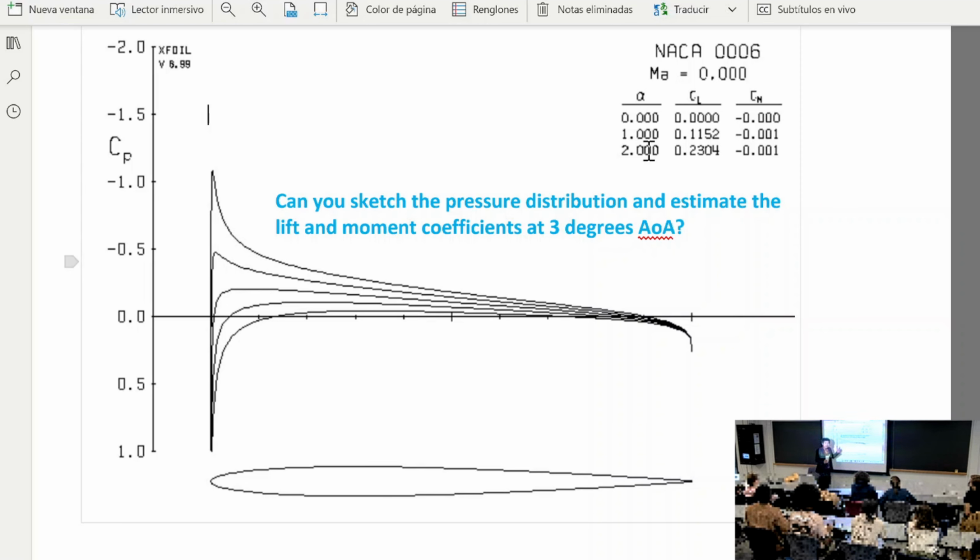So the first thing I think you should be able to see from this graph is which line corresponds to 0 degrees, which one corresponds to 1 degree, which one corresponds to 2 degrees. Any ideas? No, you probably can answer that because you can estimate what is 3 degrees. Anybody else tell me, what is 0 degree, what is 1, what is 2 degrees?